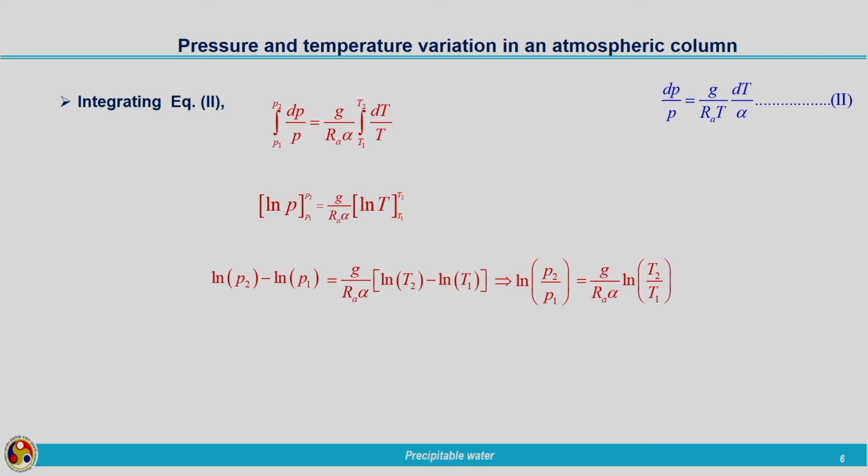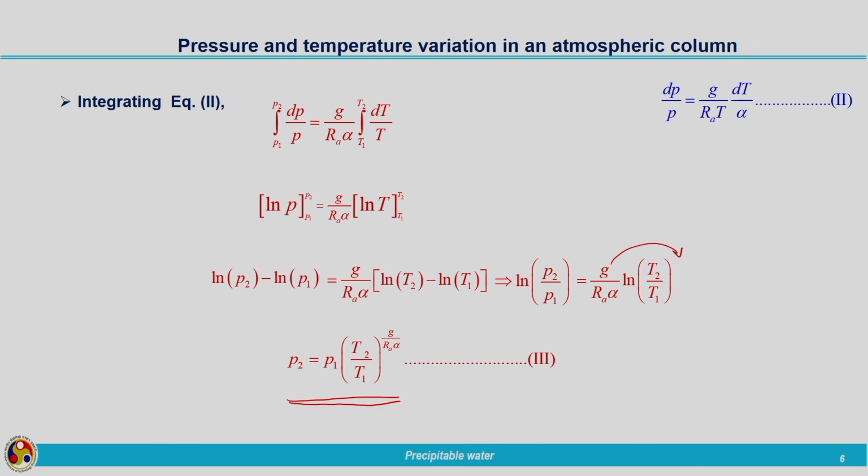Again, some adjustments we are making in the equation to make it simple, that is we can write it this way: P2 by P1 is equal to T2 by T1 to the power G by R alpha. Then P2 can be obtained as P2 is equal to P1 times T2 by T1 to the power G by R alpha. So, this is our relationship between P2 and P1.